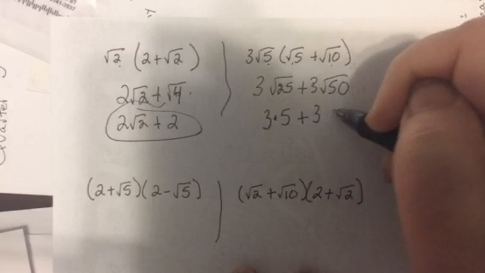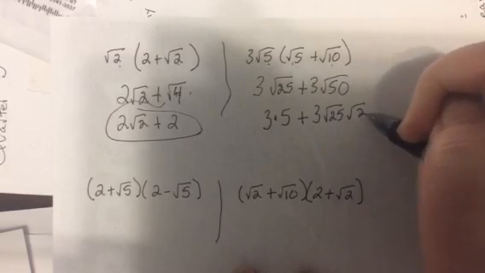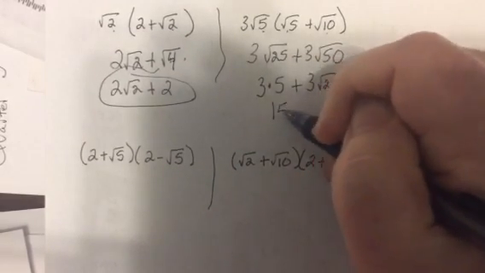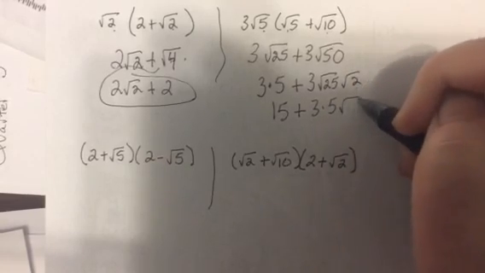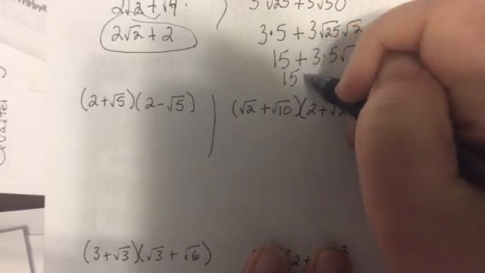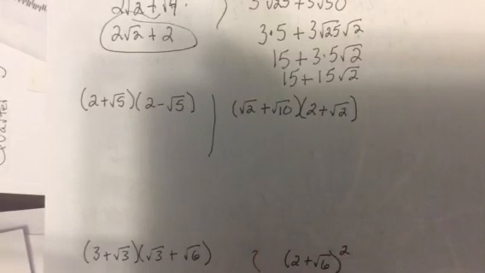And then 50 is 25 and 2. So I'd have 15 plus 3 times 5 square root of 2. And that's 15 plus 15 square root of 2. Now I cannot combine those two because one has a square root and one does not. I think I'm going to stop it there.